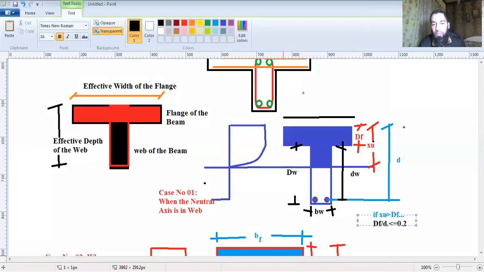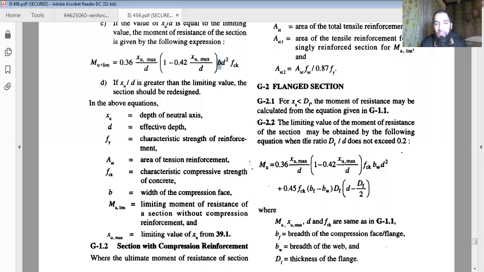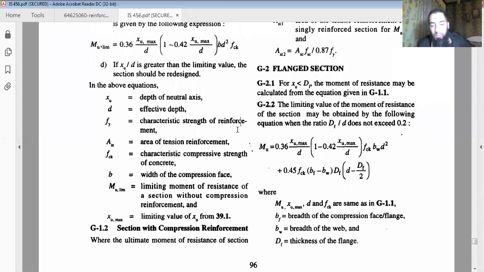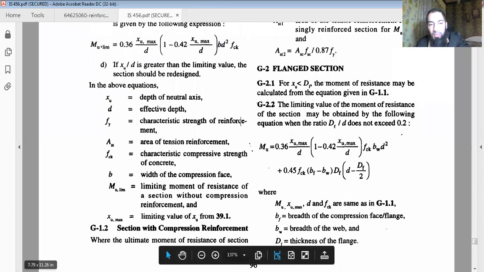Now what does the code then say about the equation that you have to take? The equation that you have to take is this one. So let me copy paste this here.